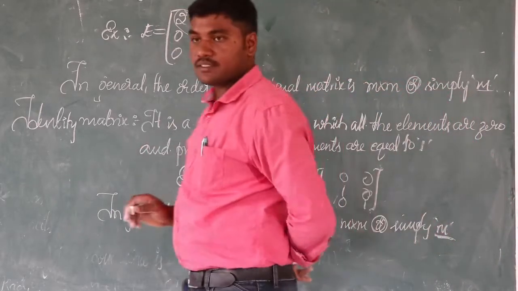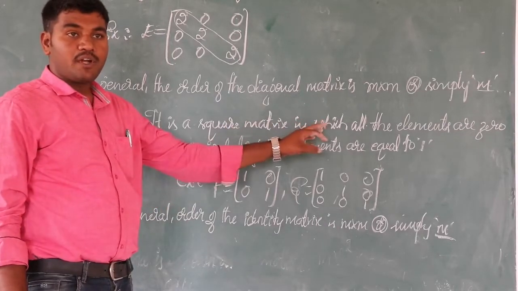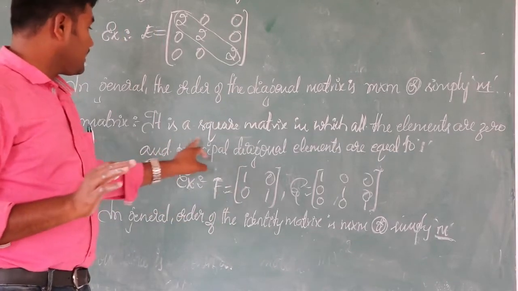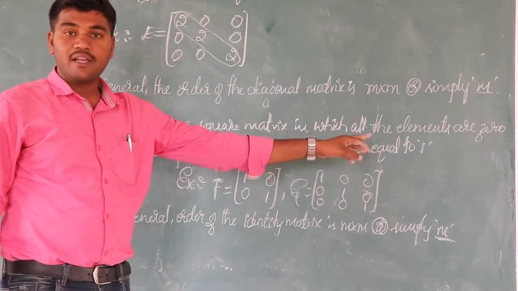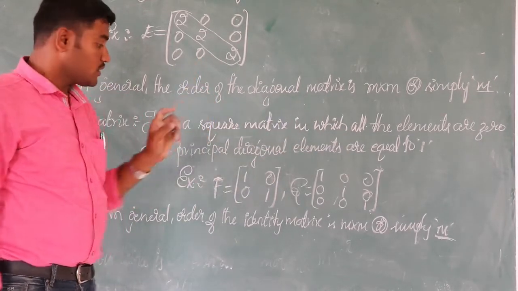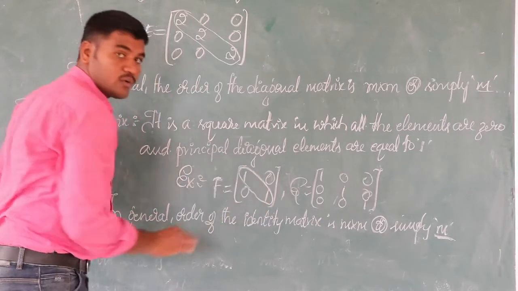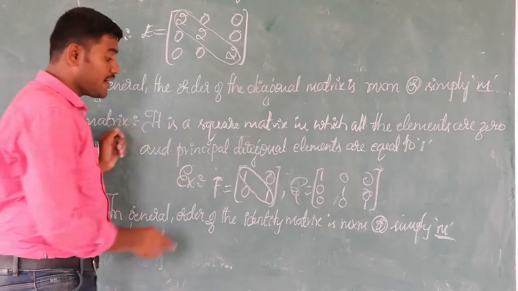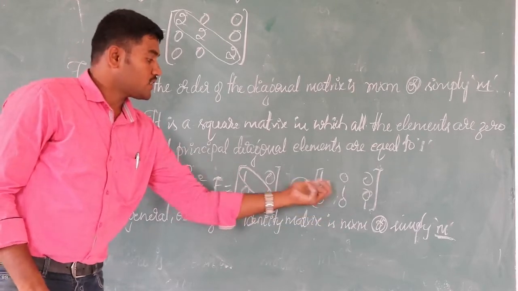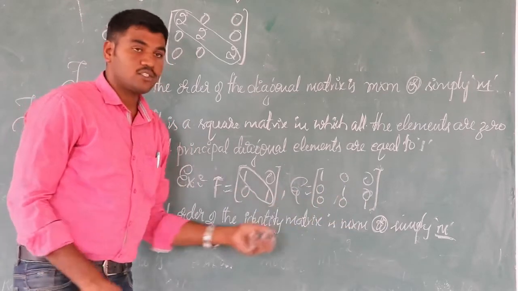Now the identity matrix. An identity matrix is a square matrix, which means the number of rows and the number of columns are equal to each other. An identity matrix is a square matrix in which all the elements are 0 and the principal diagonal elements are equal to 1. Take one more example: first row elements 1 0 0, second row 0 1 0, third row 0 0 1.